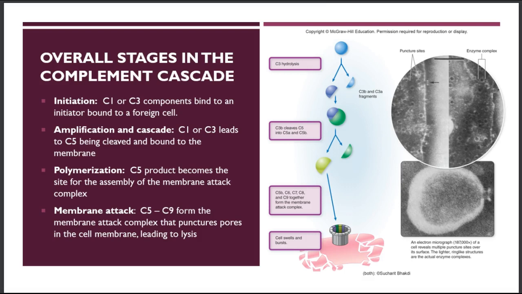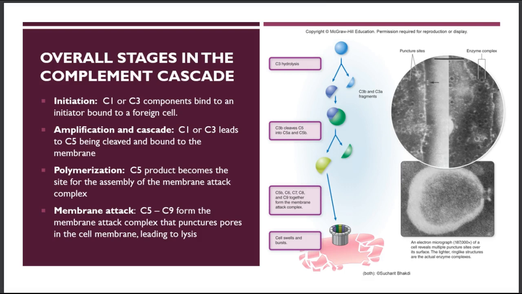Then that's going to lead to amplification and the proceeding of this cascade. So once C1 or C3 are activated, that leads to complement 5 or C5 being cleaved and bound to the membrane of that foreign cell.